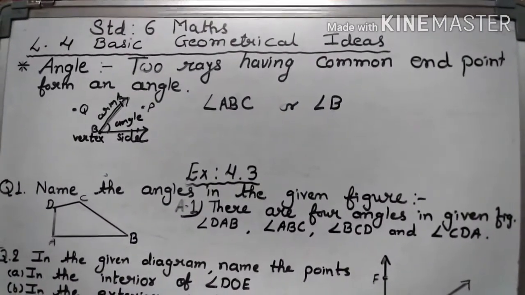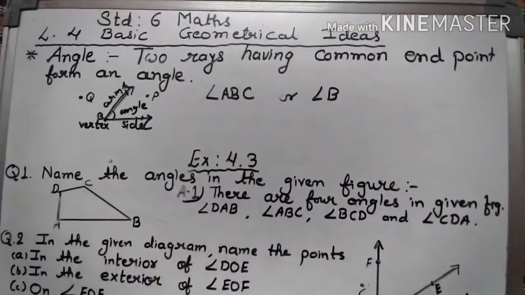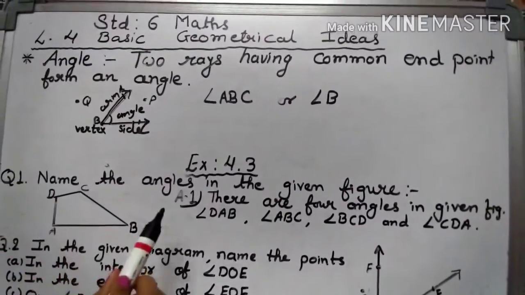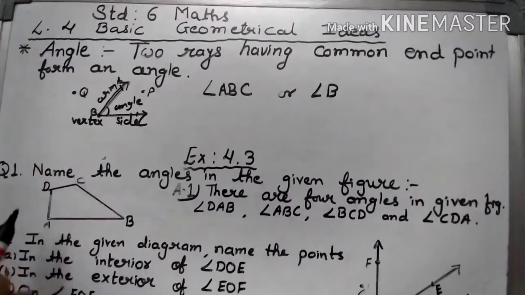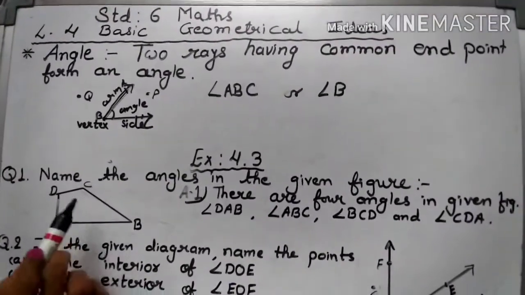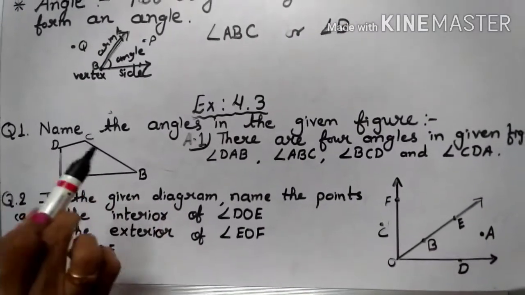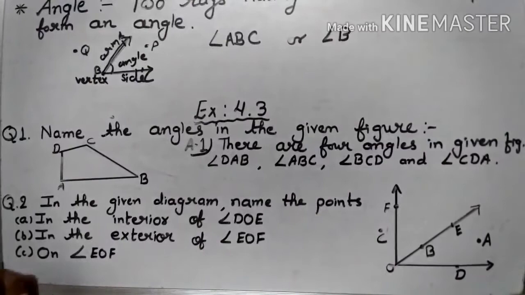Now students, let's go on to our exercise 4.3. Question number 1. Name the angles in the given figure. Look here students, one figure is given, ABCD. Now you have to name these angles. First of all, we'll start from here.